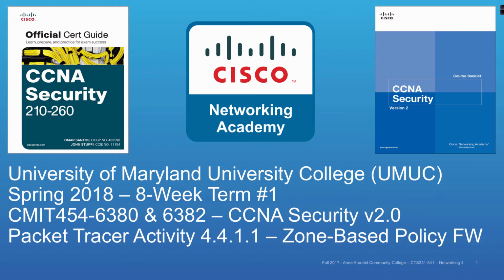Now, this is sort of going to be the culmination of our conversation on the IOS security firewall. In other words, when we transition to the ASA, we're no longer talking about putting a firewall on a router. We're talking about actually running a firewall device.